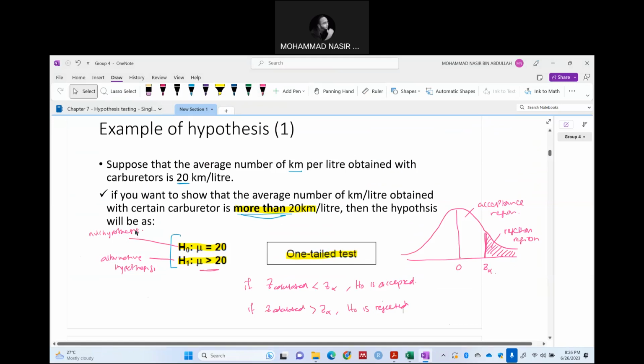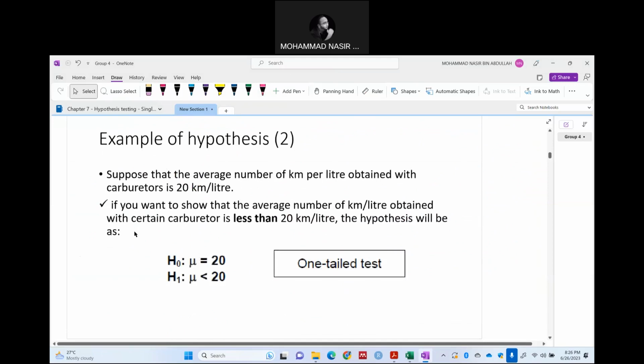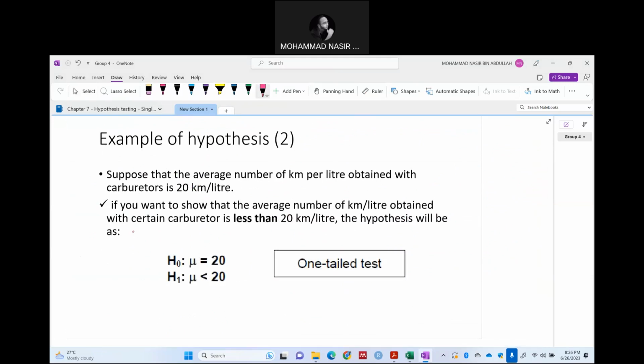No question? Right. So now let's look at example number 2. We also have a one-tail test. In this case, we want to show that the average number of kilometers per liter obtained with a certain carburetor is less than 20 kilometers per liter. So the claim will be on the alternative hypothesis.